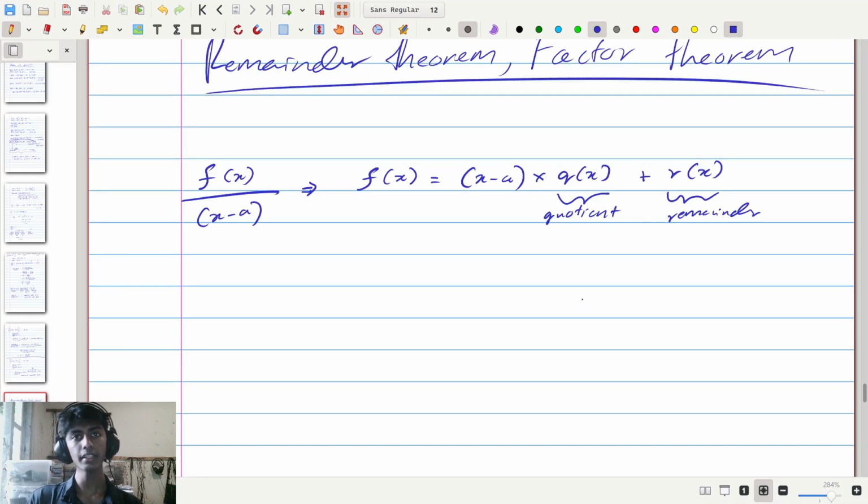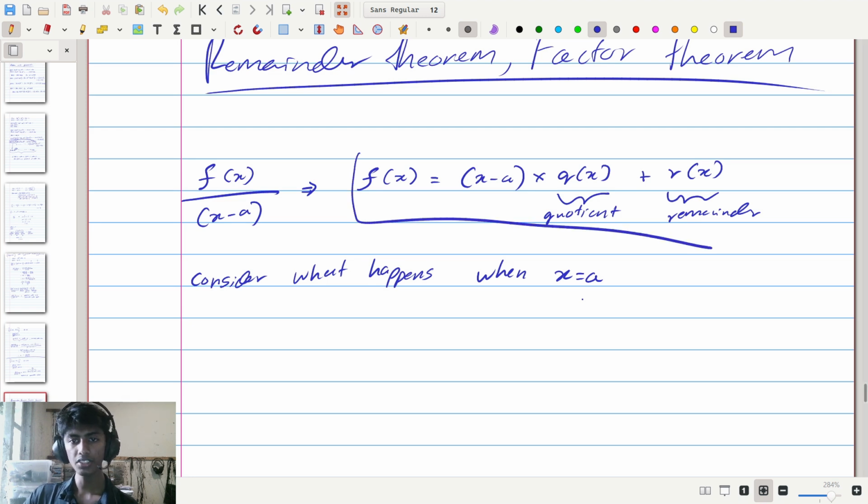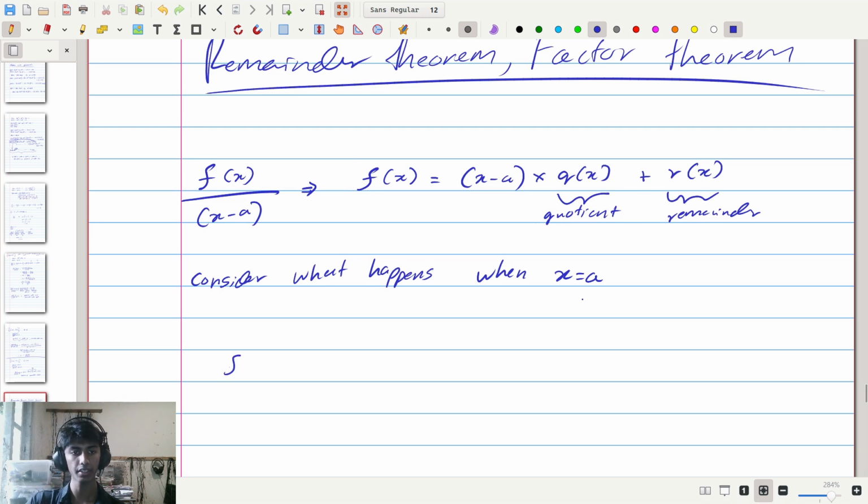So now, let's consider what happens when x is equal to a. Just hypothetically, think what happens when x is equal to a. On the left side, this division equation gives us f(a), because now x is equal to a.